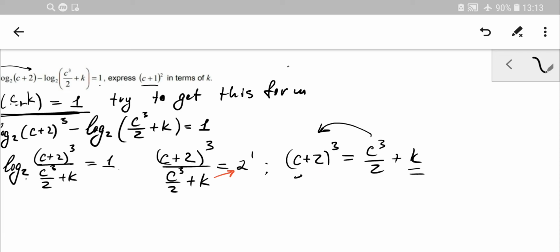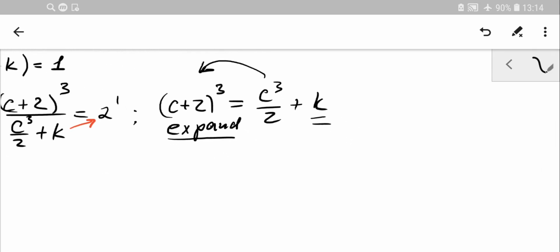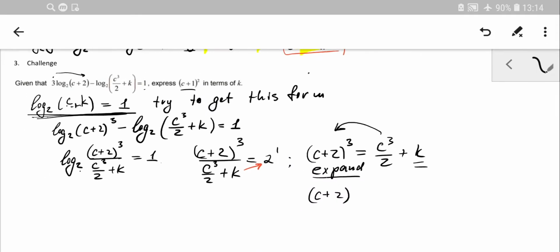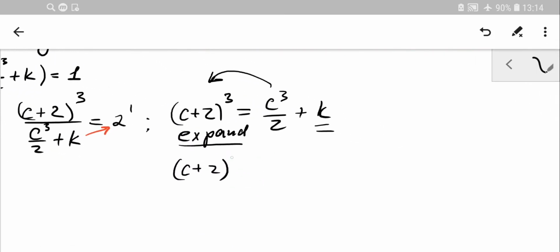It means expand. So we can express it as c plus 2 squared times c plus 2, and that will be equal to c cubed over 2 plus k.